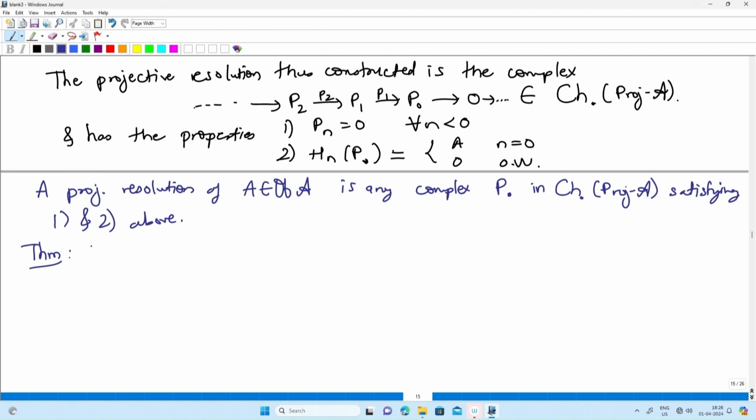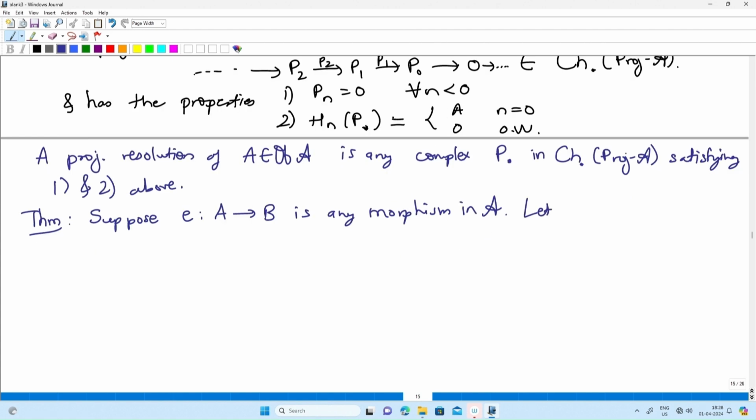Suppose f is any morphism from A to B in A. Let P dot and Q dot be projective resolutions of A and B respectively.